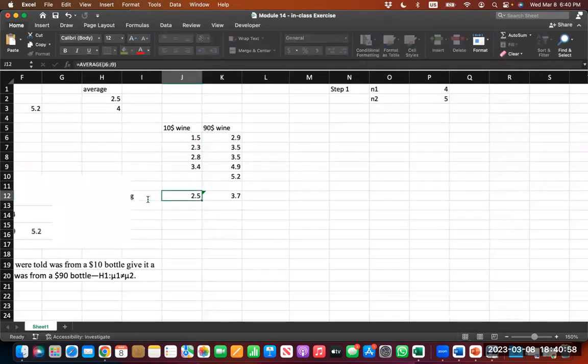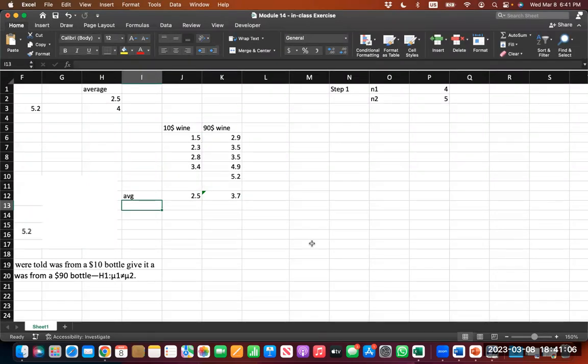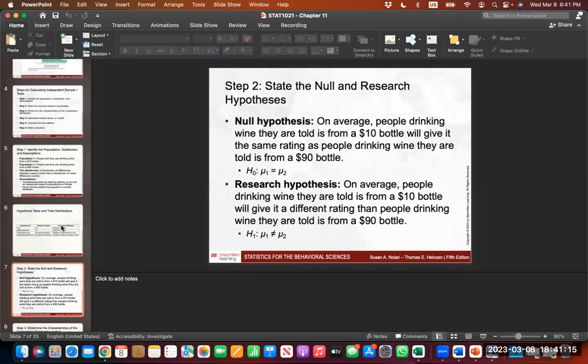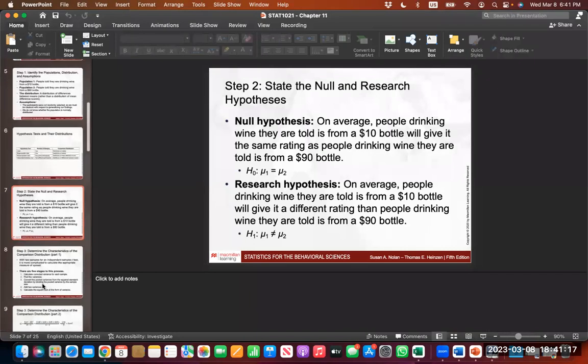So the average is already different. The question that is being asked next is: is this actually true now also statistically? And this is the calculation we're going to do next.